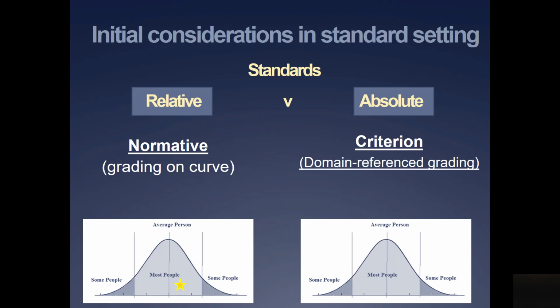In a normative-based, or relative, standard setting, this person will pass because the pass rate is dependent on the performance of their cohort. So yay, this person would pass. The other folks would not pass.